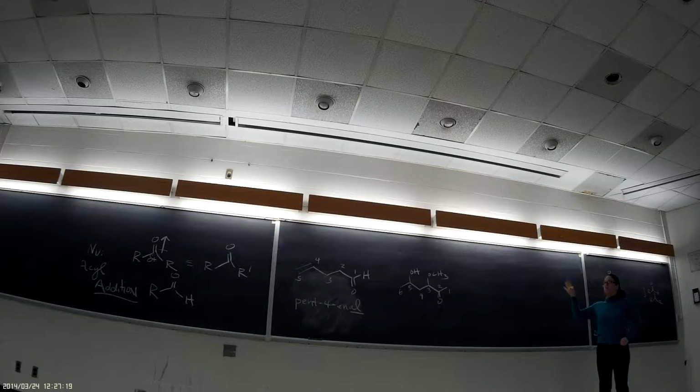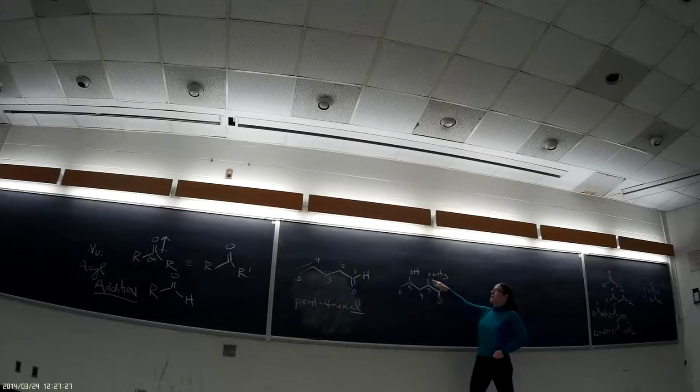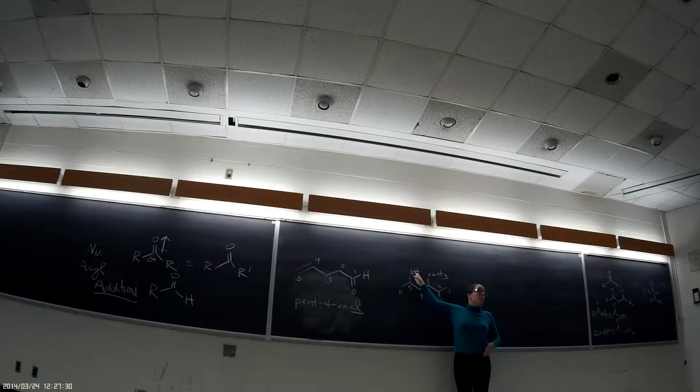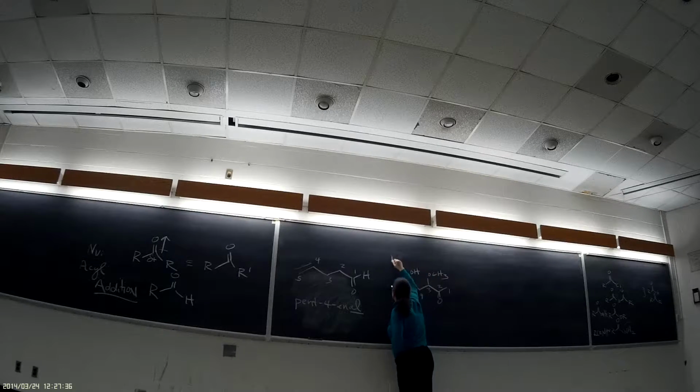So I see that I have a methoxy group. Remember, ethers are some of our least reactive, and they don't even really get their own separate classification for suffixes. And this is not named as an alcohol. Alcohols have lower priority, lower reactivity orders than the aldehyde itself. So this is going to be named as a hydroxy.